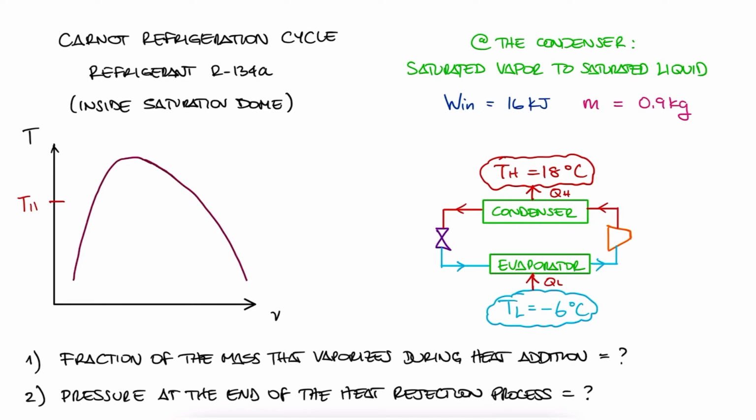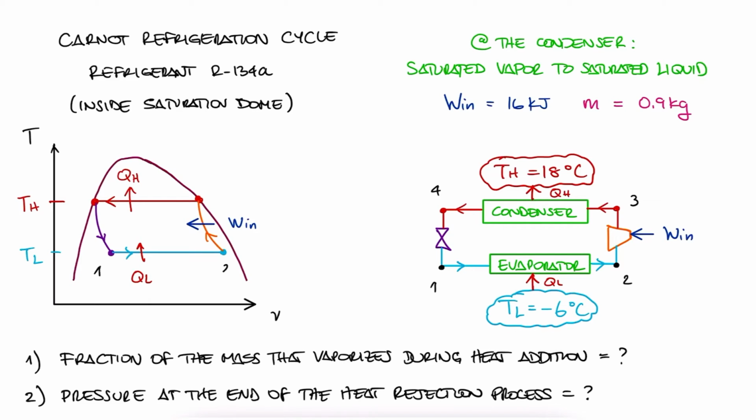We are being told that at the condenser the fluid goes from saturated vapor to saturated liquid, and we know that heat is being lost here. With this isothermal compression, we complete our Carnot cycle with an adiabatic expansion, an isothermal expansion, and an adiabatic compression. And we label the different states, and it doesn't matter which one we label as one, as long as they're consistent. So now the question is clearer.